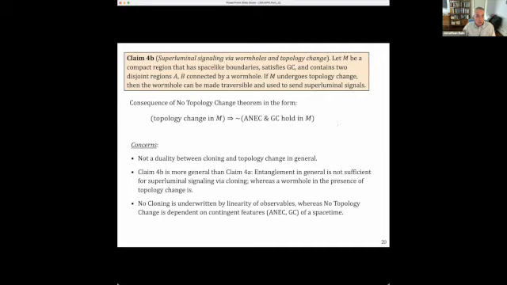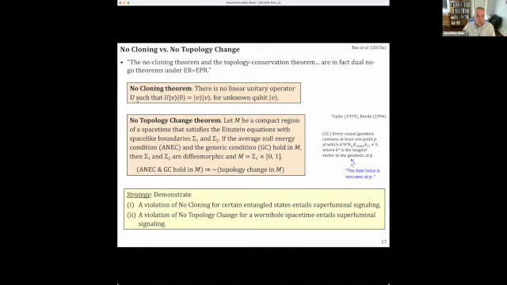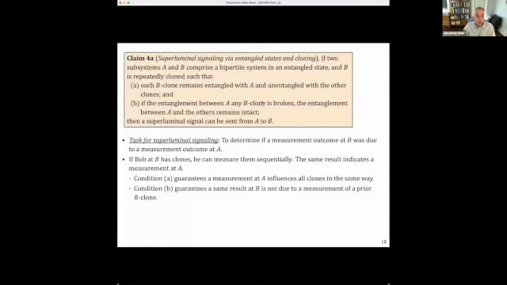Right? And more generally, no cloning in the context of quantum mechanics in general is underwritten by linearity of observables. The proof of no cloning requires the assumption that U is a linear operator, it turns out.